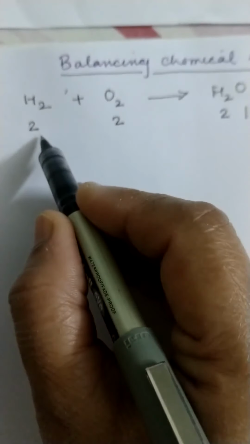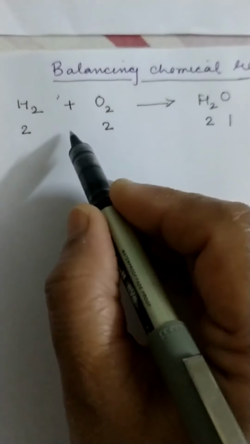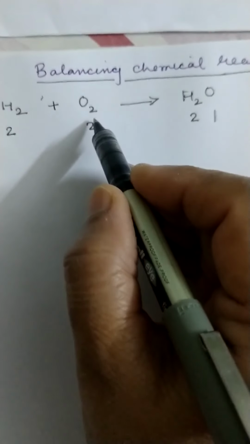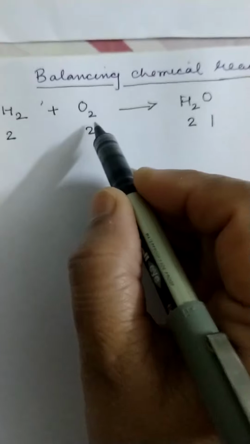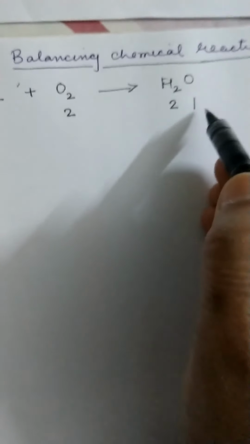But if you see the reactants and the products, on both sides atoms are not equal. Here oxygen has 2 atoms, but on this side we have only 1 atom of oxygen. We'll have to balance it, right?